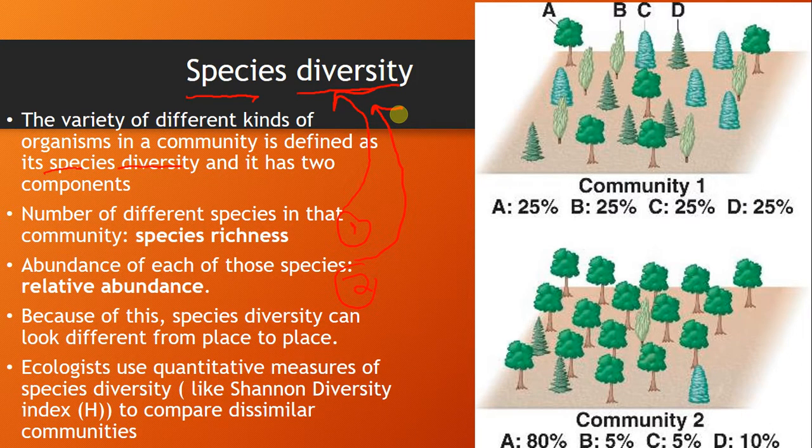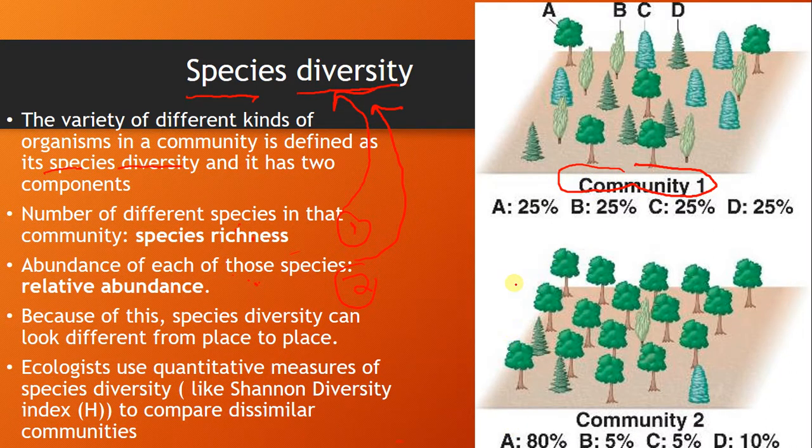So, for example, in Community 1, we have 4 different species, A, B, C, D, and we have 25% of each. All right? But in Community 2, we have 5 different species, but we have 80% of species A, 5% of B, 5% of C, and 10% of D. Because we use both of these characteristics, species richness and relative abundance, we would say Community 1 is more diverse.